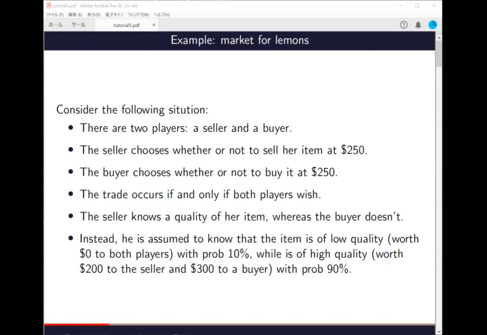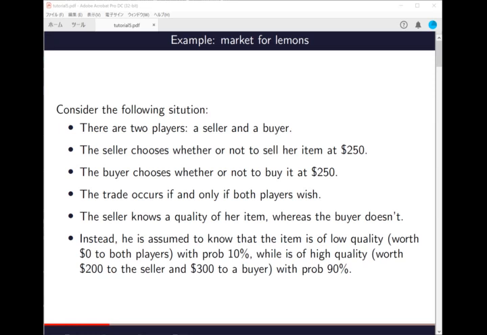The Market for Lemons was awarded the Nobel Prize in Economics in 2001. And what we have here is a simplified version of the original model. Now, suppose that there are two players, a seller and a buyer. And suppose that a seller has a used computer.